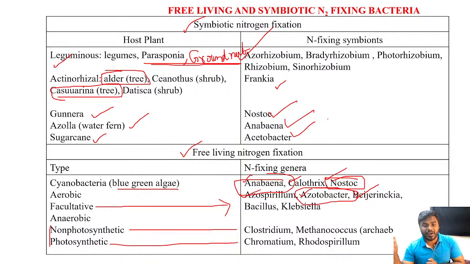Please kindly do not forget that particular statement. They can ask us in a part B question, stating which of the following bacteria can act as a free living bacteria and symbiotic bacteria. Every student has to remember this, friends. Nostoc, Anabaena and Acetobacter. Do not forget.